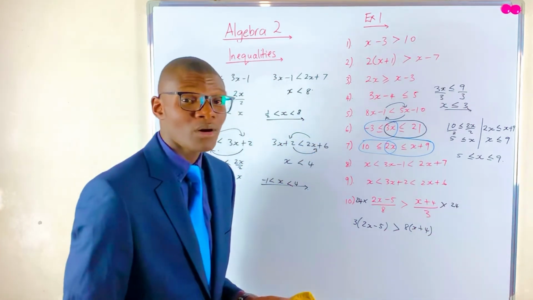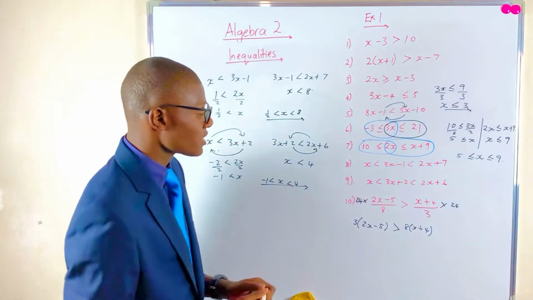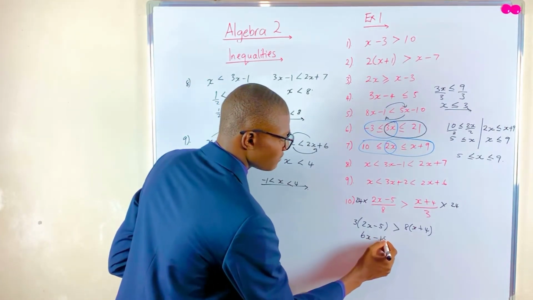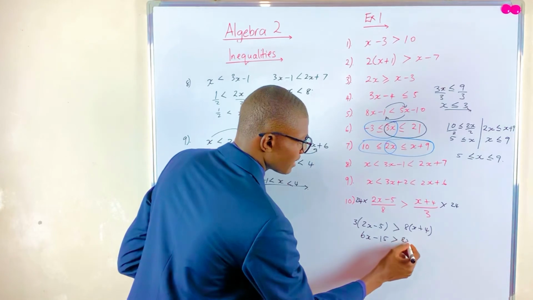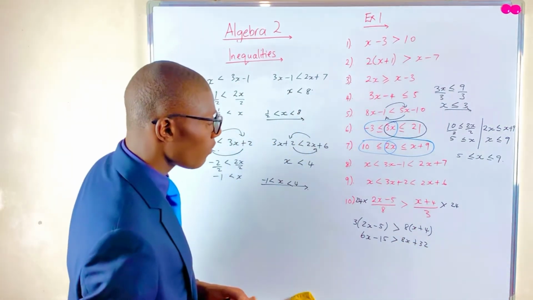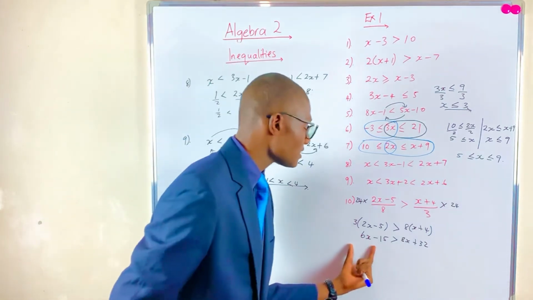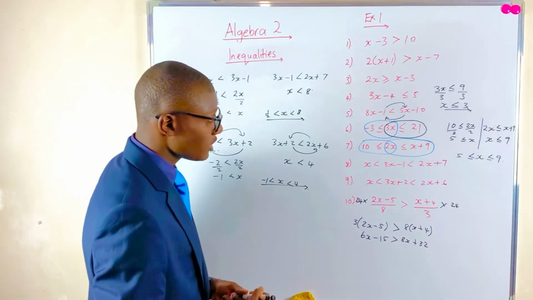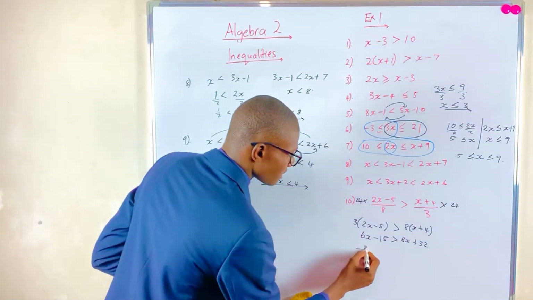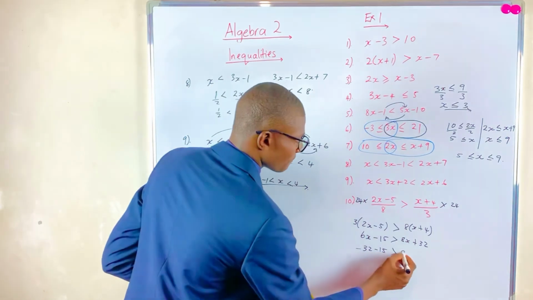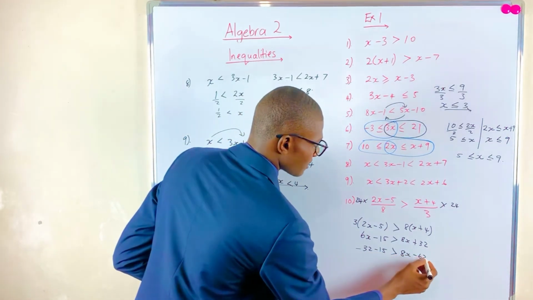Then now we can multiply out such that we've got 6x minus 15 being greater than 8x plus 32. Now what we can do is take 6x to the right hand side and 32 to the left hand side. 32 will become negative, such that minus 32 minus 15 will be greater than 8x minus 6x.